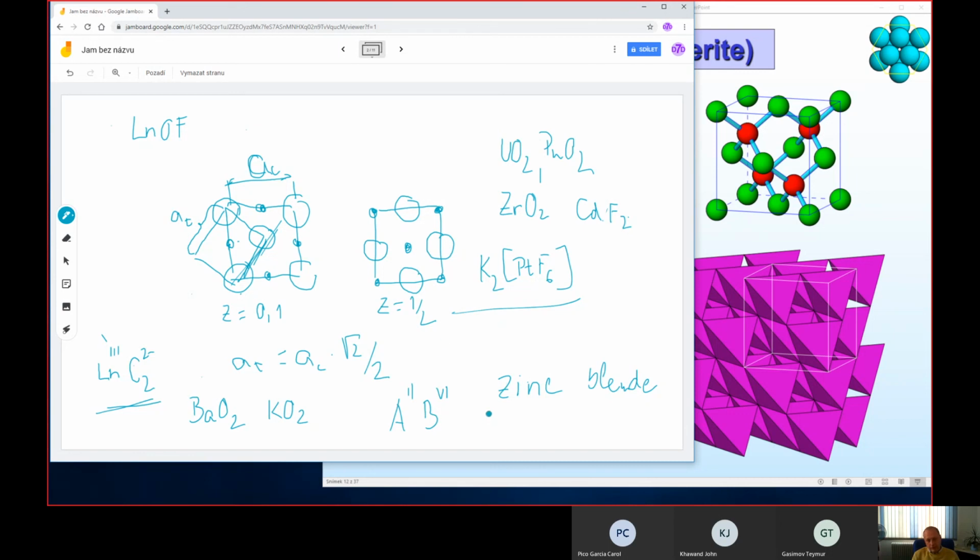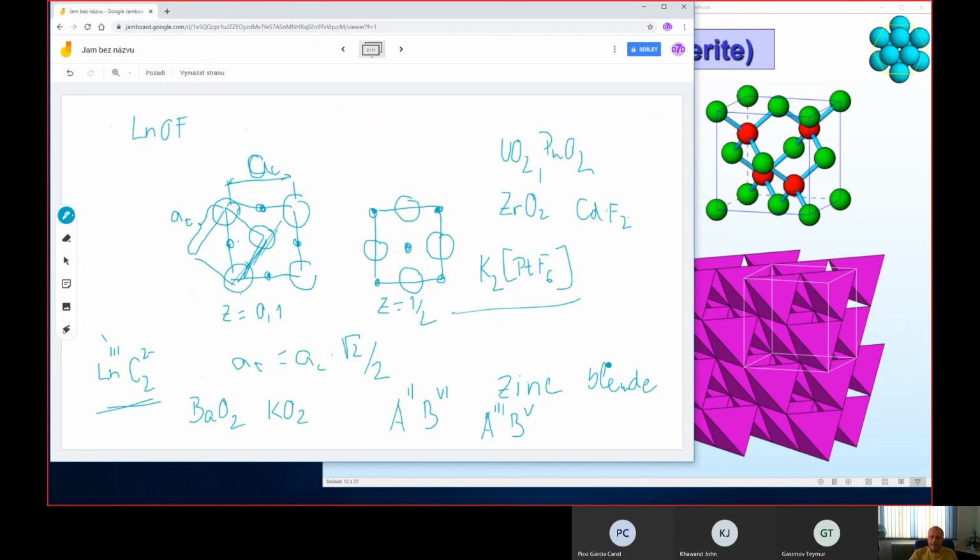Or there are also A3B5 compounds of this type. So if this is an element of the 3rd main group and 5th main group, or 13 and 15 group, like gallium or indium, and here nitrogen or arsenic or something like that, we have again an isoelectronic structure.